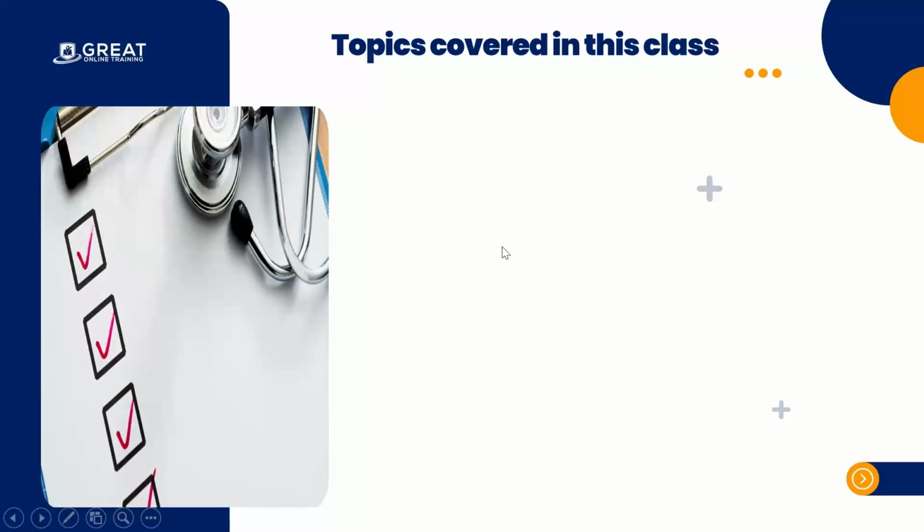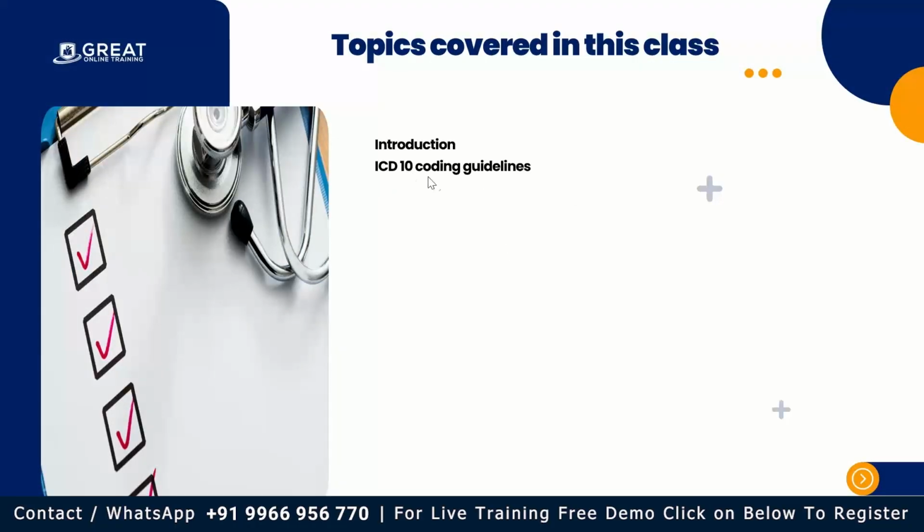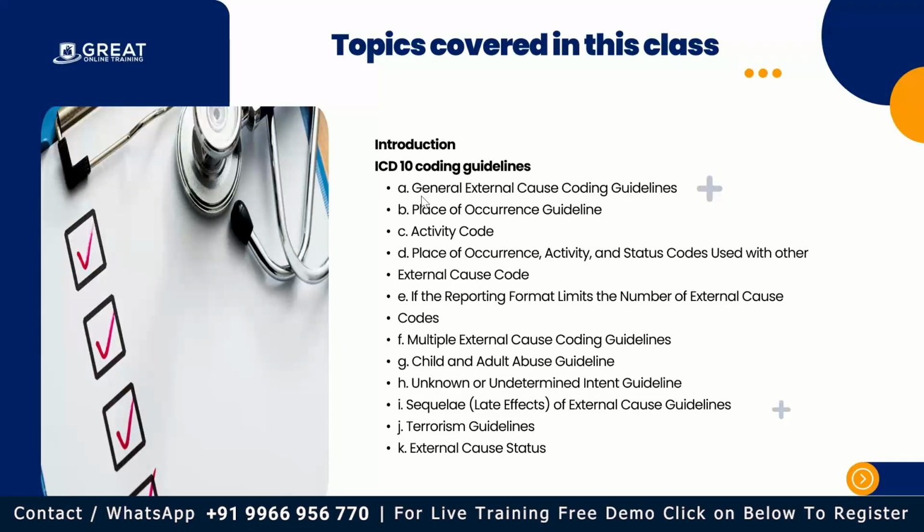The topics covered in this class are the introduction and ICD-10 coding guidelines, like general external cause coding guidelines, place of occurrence guidelines, activity codes, and status codes used with other external cause codes. Then, if the reporting format limits the number of external cause codes, how to code that.